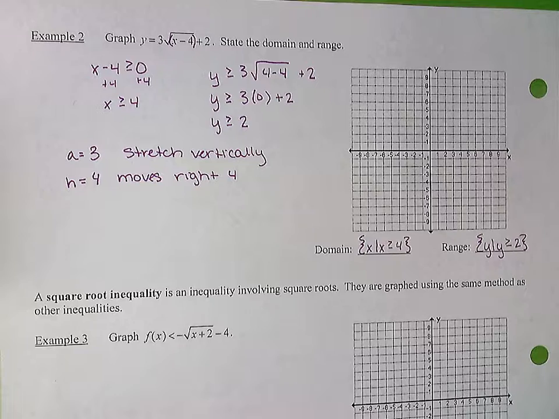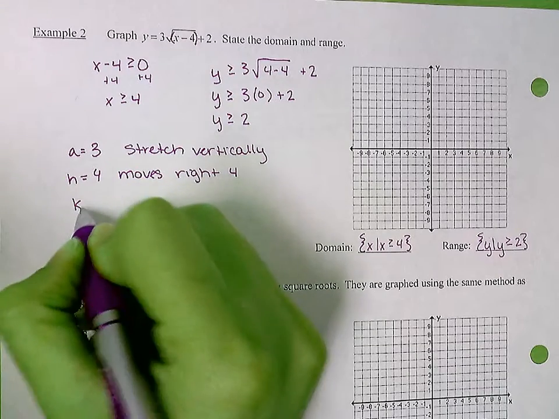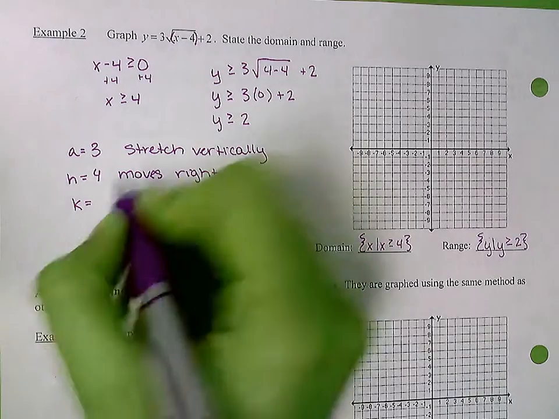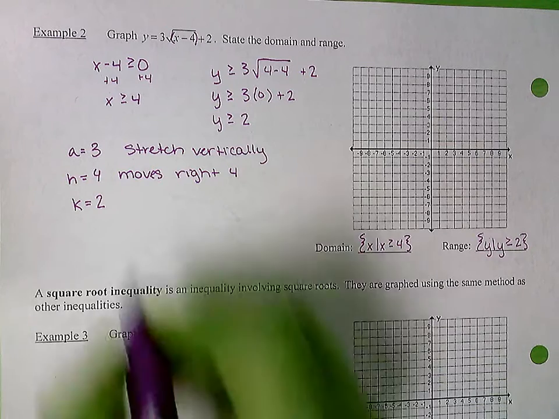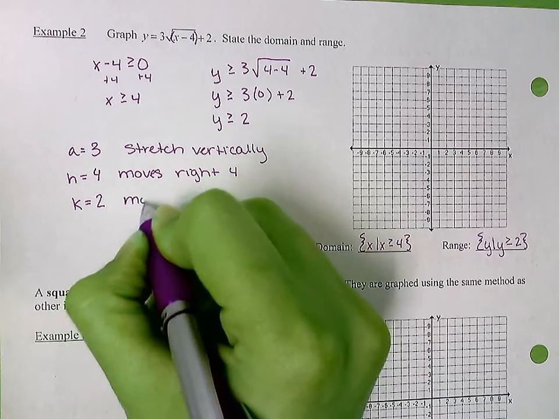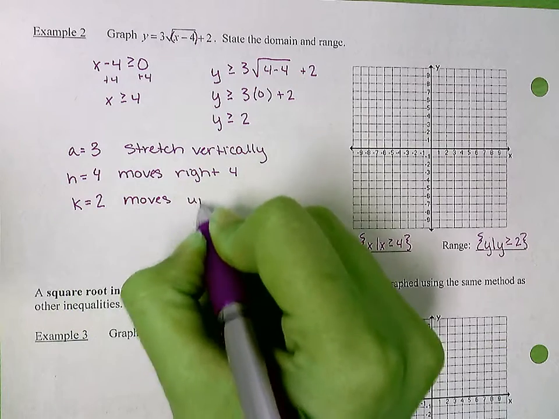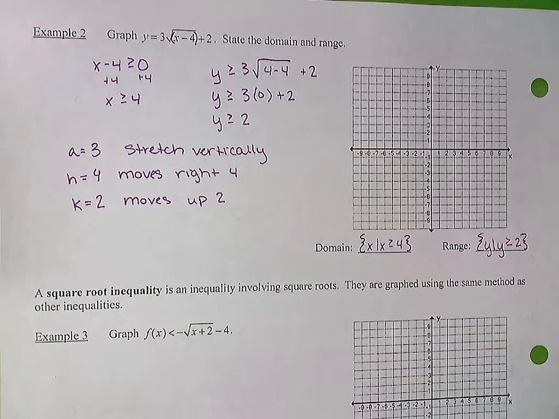What about K? K is 2. That moves your graph up 2. Are we going to have to remember that A is stretching and H moves it?